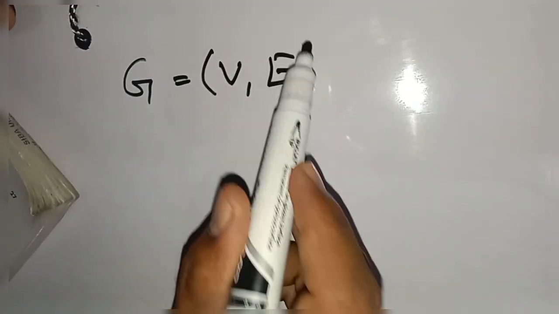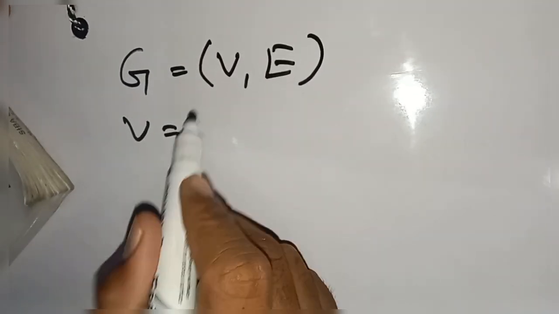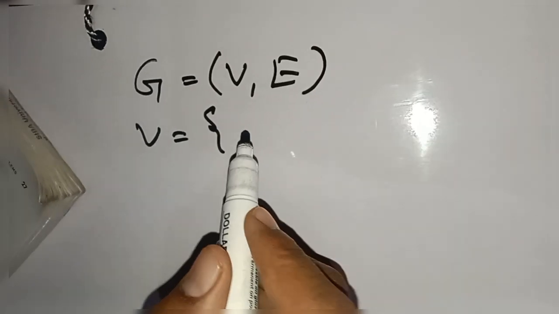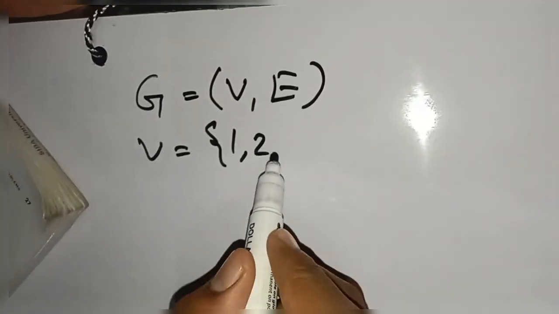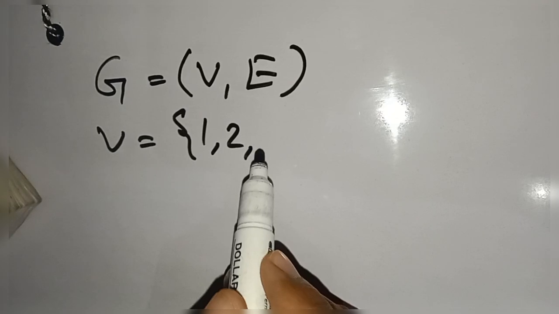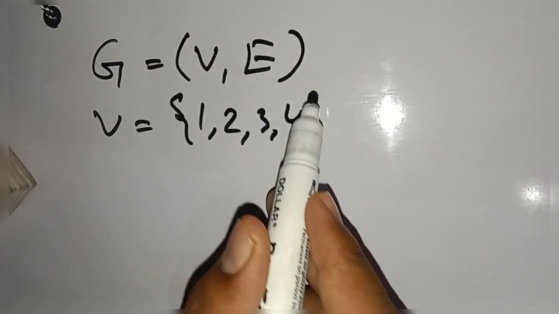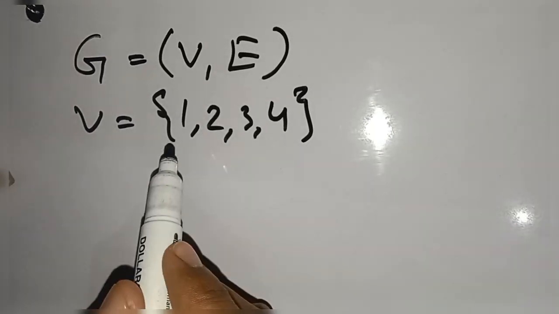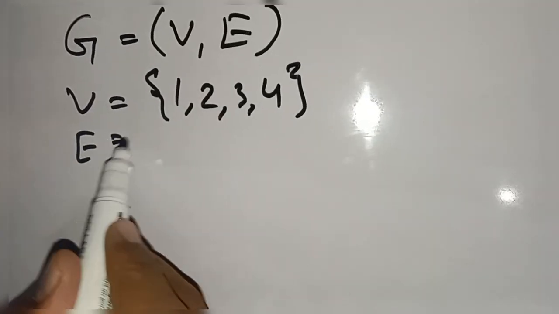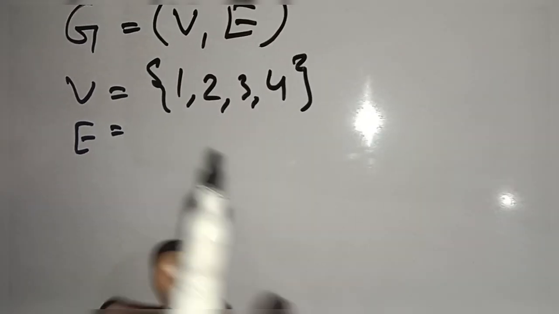The nodes are 1, 2, 3, 4. So there are 4 nodes, and the edges are given like these.